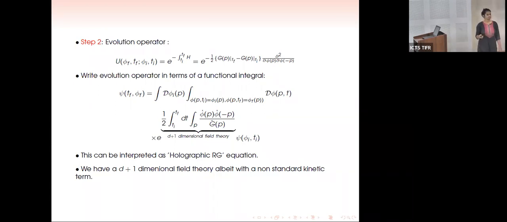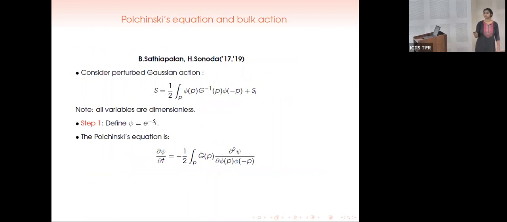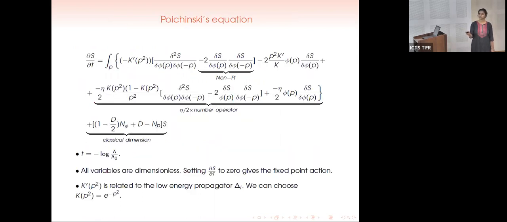In the previous slide, if you can go back to the previous slide, you are neglecting nonlinear terms in psi. You're only considering the linear terms in psi. Is that what you are doing when you think of it as a perturbation? No, actually, if you see this Polchinski equation, it is in terms of S. Here, if you put psi, this part comes in that form.